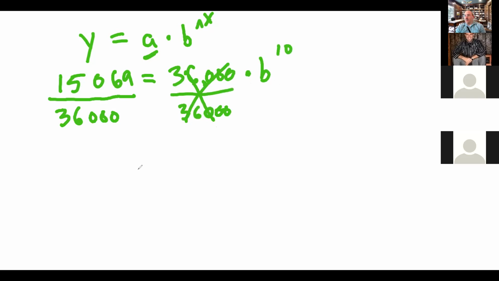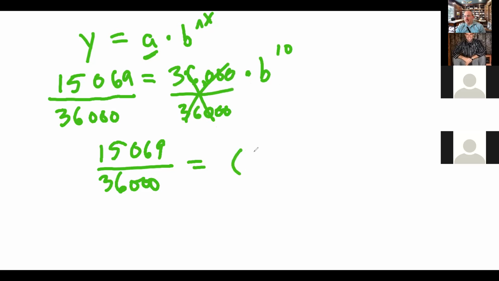So now I'm left with 15,069 over 36,000 equals B. And what is B? Do you remember what B is? It's 1 minus R, the rate.